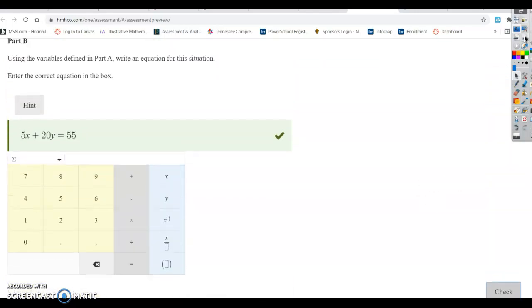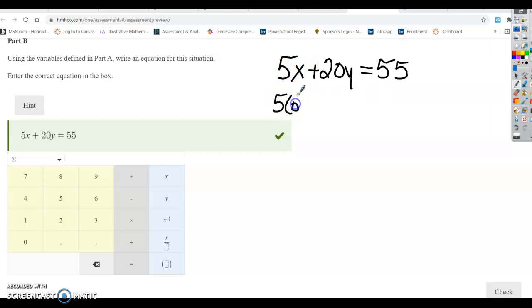Given our equation, we can easily find the intercepts by plugging in zeros. We've got 5x plus 20y equals 55. What I like to do is eliminate one variable. If we substitute 0 in for x, that leaves just y, because 0 times anything goes away. So we've got 20y, and we're solving for y.